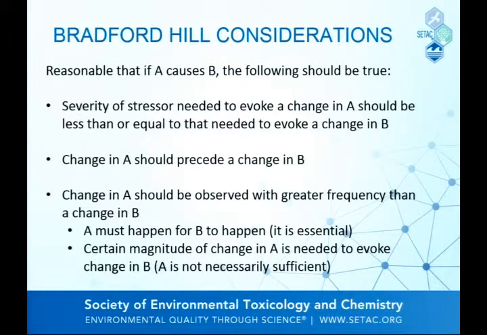The change in A should be observed with greater frequency than the change in B. And that, again, relates back to those concepts we talked about earlier of essentiality of the key events, but that the key event is not necessarily sufficient. So just because we have some change in A doesn't mean it's necessarily going to cause B unless it has a sufficient amount of change. Okay?